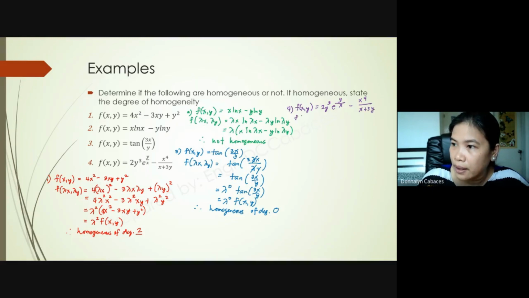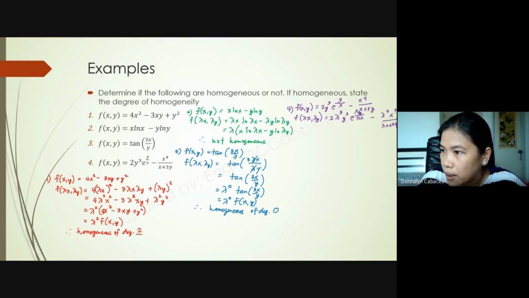So let us take the function of lambda x and lambda y. That is equal now to 2 lambda cube y cube e to the lambda y over lambda x, minus lambda to the 4th x to the 4th over lambda x plus 3 lambda y.